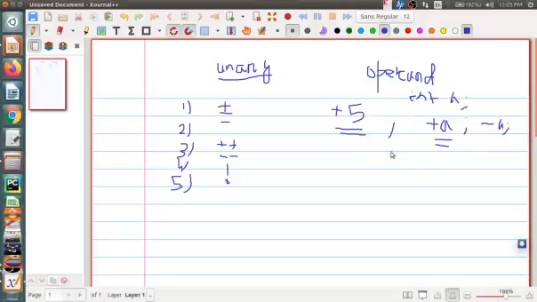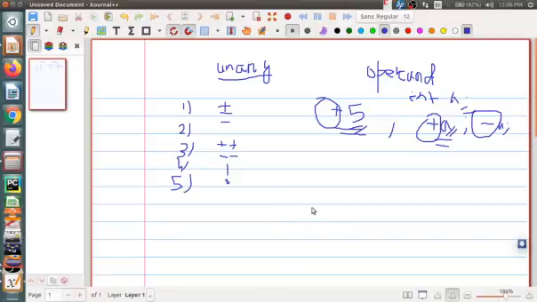You don't have to write plus 5 because all positive integers can be written without this operator. Since plus or minus are along with only one operand, that's why this is called a unary operator.